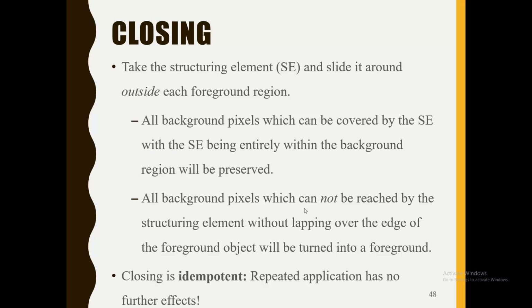All background pixels which cannot be reached by the structuring element without overlapping the edge of the foreground object will be turned into foreground. Closing is also idempotent. It means repeated application has no further effect. The output will remain the same even if you apply the closing operation twice, thrice, or any number of times.